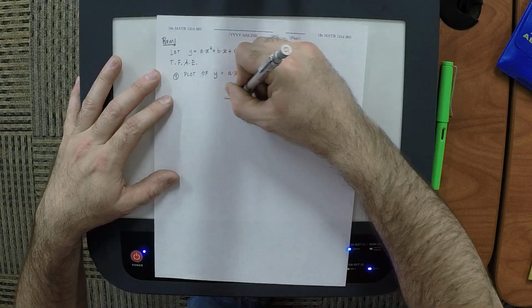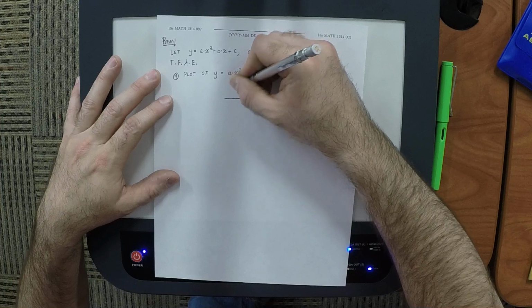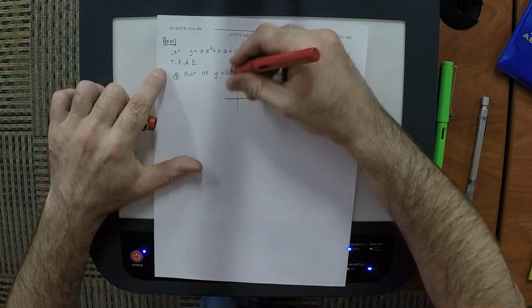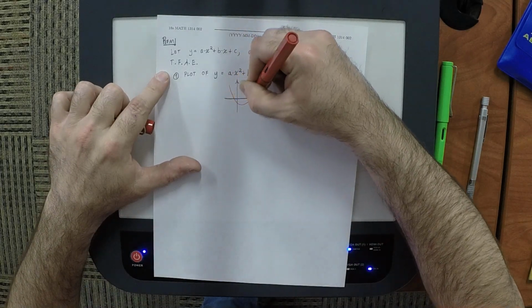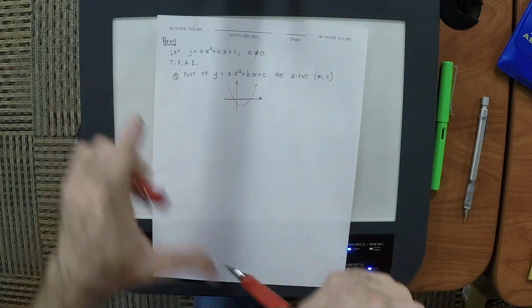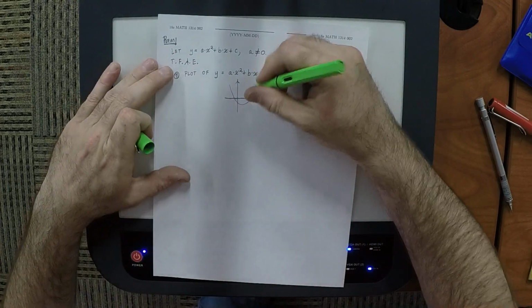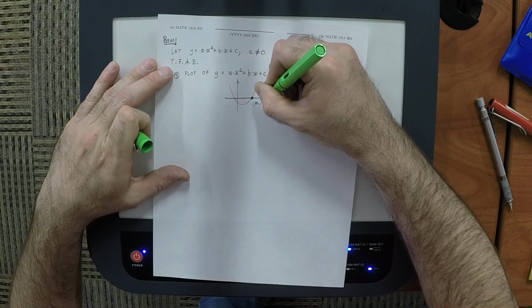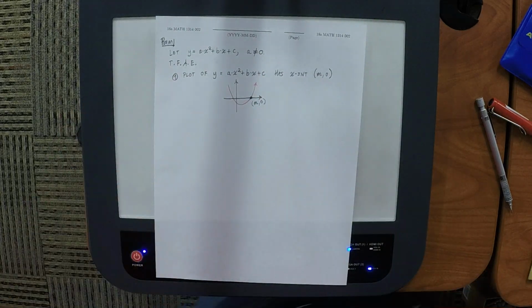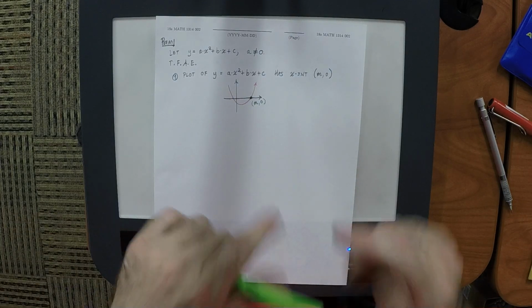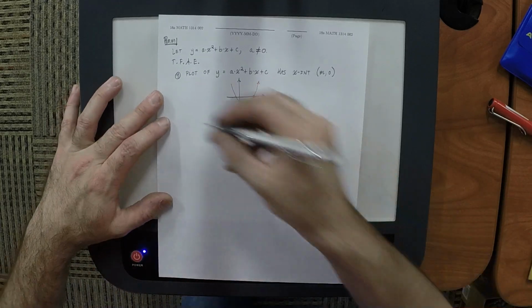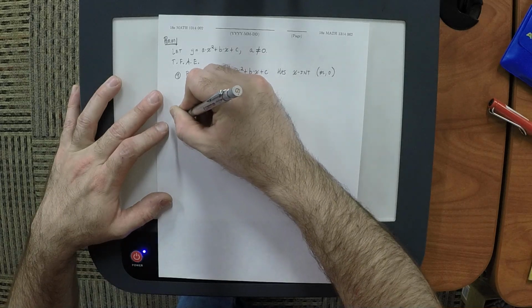So maybe something like this. So you take that quadratic, you plot it, and you observe that, oh, look, it's got an x-intercept there at m, 0. That could happen. But if that happens, then something else must also happen.